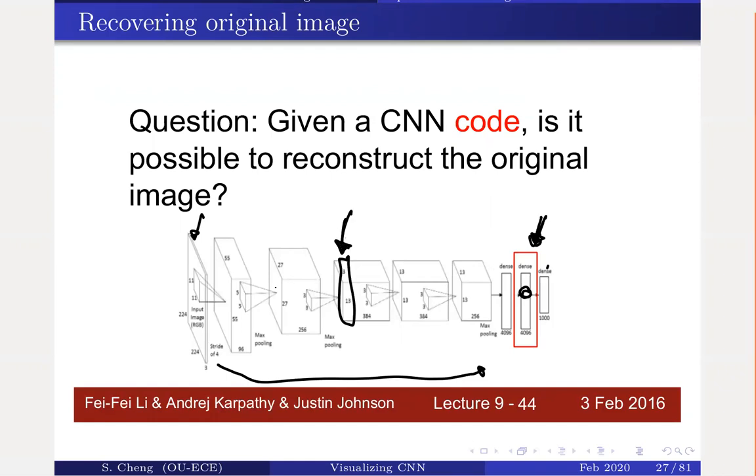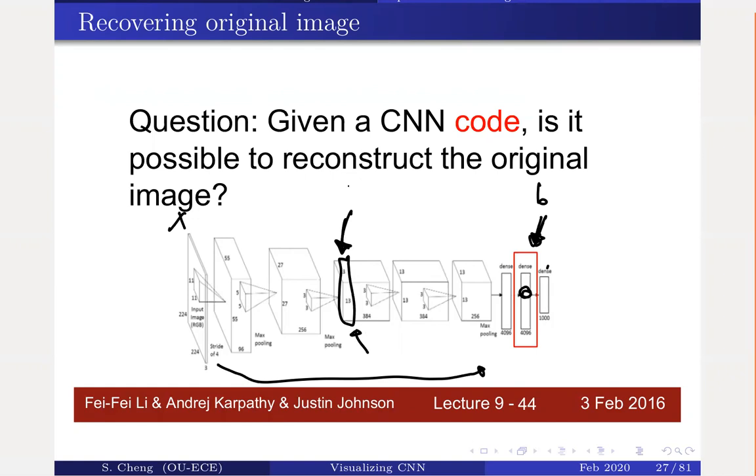Let's say now I have just A/B testing, A and B here. Let's say I have some image to start with, and when the image passes through I get a representation here.